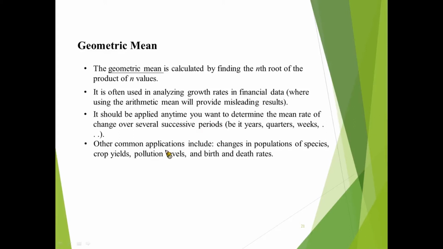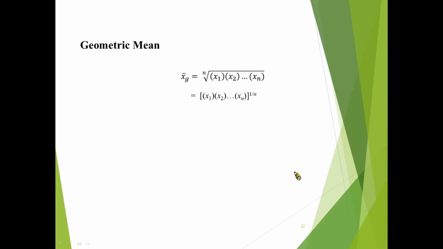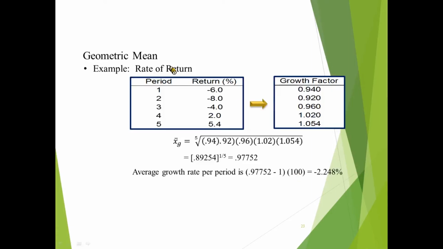Other common applications include change in population of species, crop yield, population level, and birth and death rates. Okay, and the geometric mean. Okay, so this is the rate of return. Okay, so you can see the growth factor.